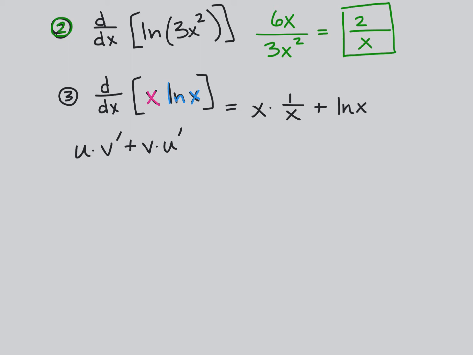The derivative of x is just 1. Simplifying, x times 1 over x is 1. ln x times 1 is ln x. So our final answer here is 1 plus ln x, using the product rule, and the derivative of the natural log of x equals 1 over x.